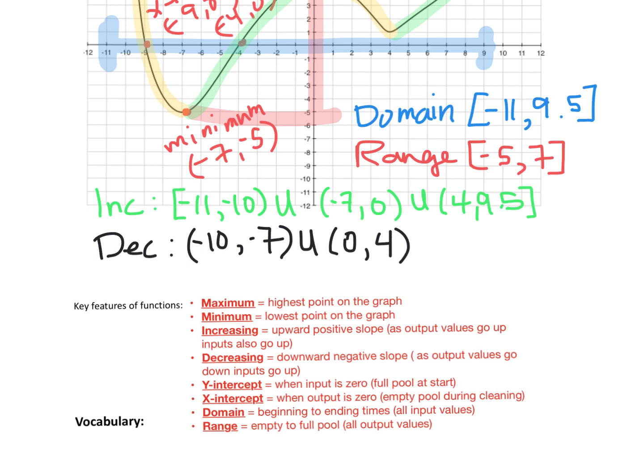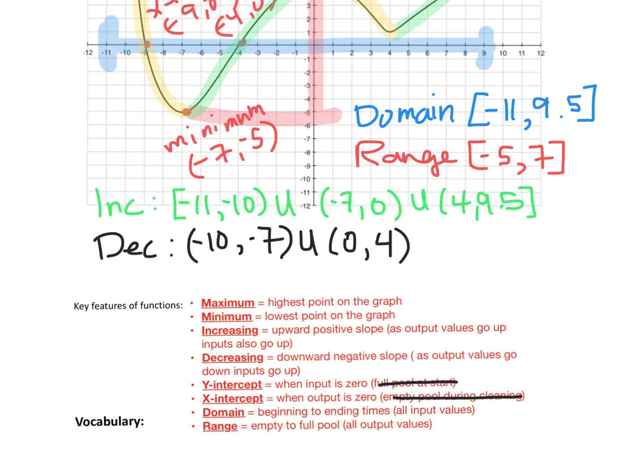Okay, but for us, this is not really a pool. The y-intercept is where your graph crosses the y-axis, and the x-intercept is where it crosses the x-axis. So maybe I'll cross those out and just say when input is 0, I'll just not worry about the relation to the pool.